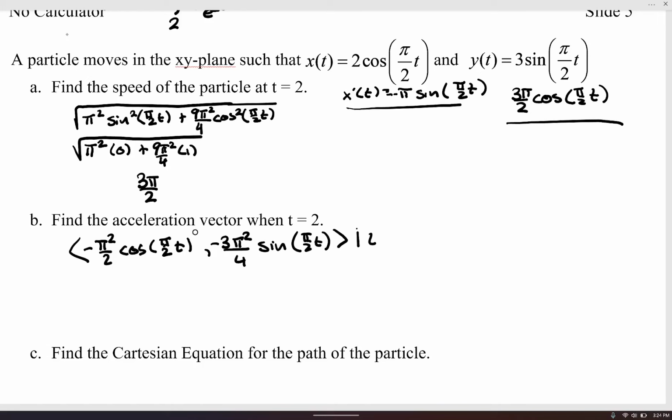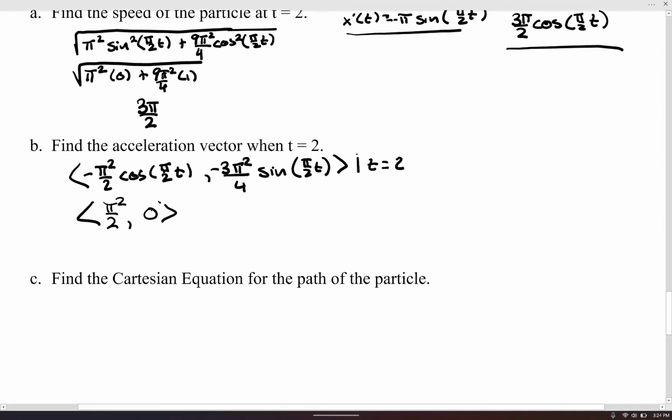We're going to evaluate that when t is equal to 2. Cosine of pi is negative 1, so that's going to be pi squared over 2. And sine of pi is 0, so that's going to be 0.